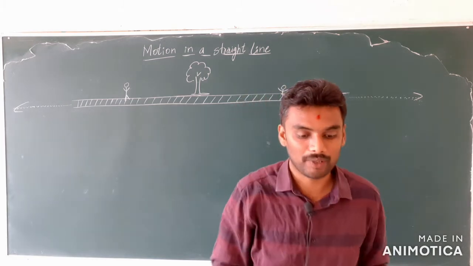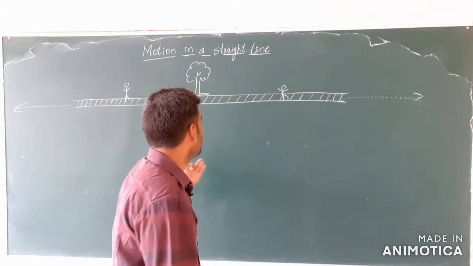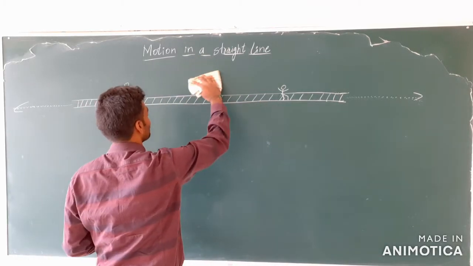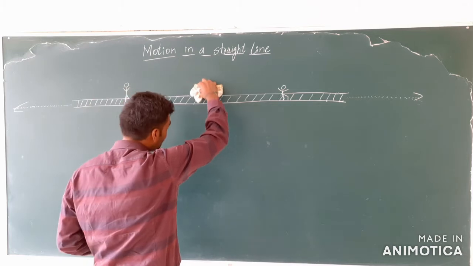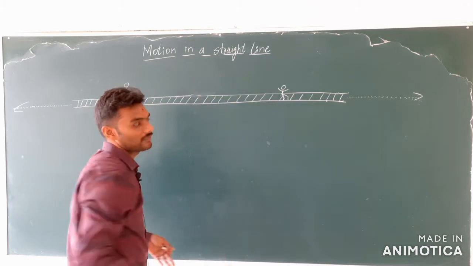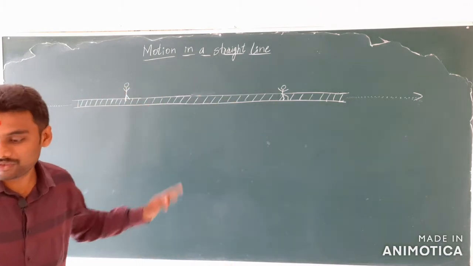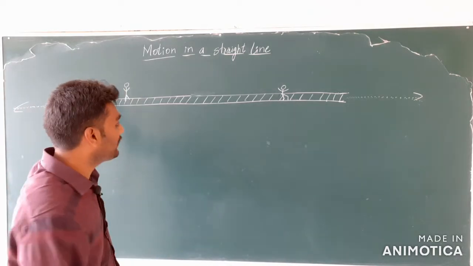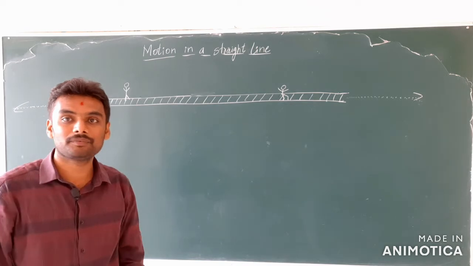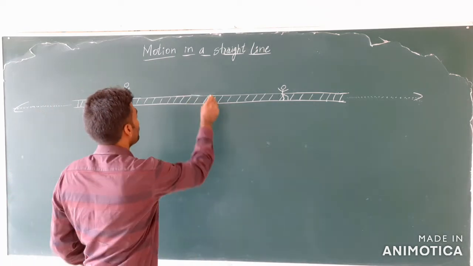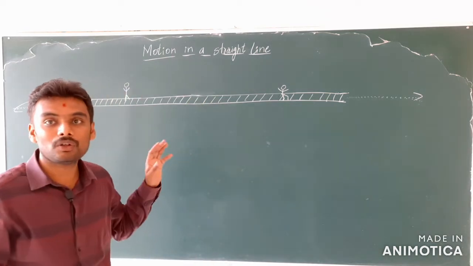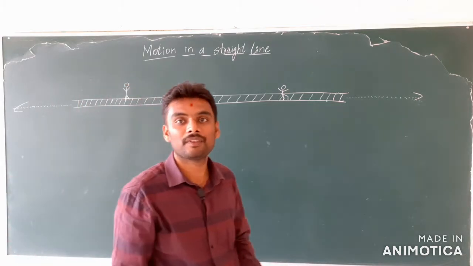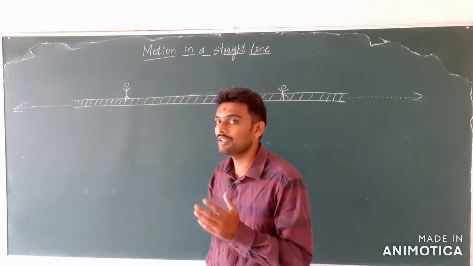Now comes the tricky part. One fine day, a few people come and cut the tree. Now there is no clue where the tree was, and there is nothing else except the railway track. If you are asked to locate or say where the person is standing, then you'll feel confused.